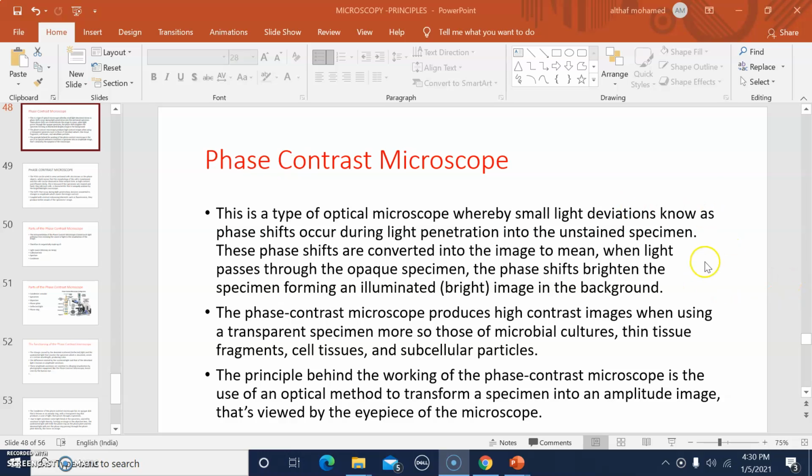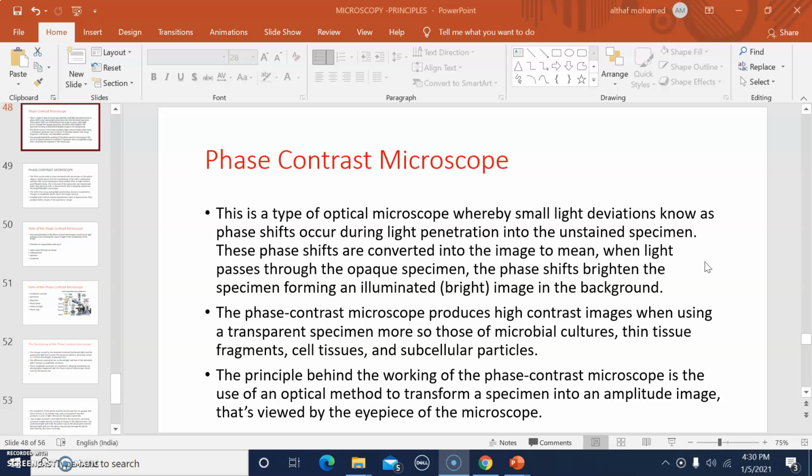Good evening all. So the next part of this microscope, after bright field microscope, is the phase contrast microscope. This is a special type of optical microscope whereby small light deviations known as phase shifts occur during light penetration onto the unstained specimen.